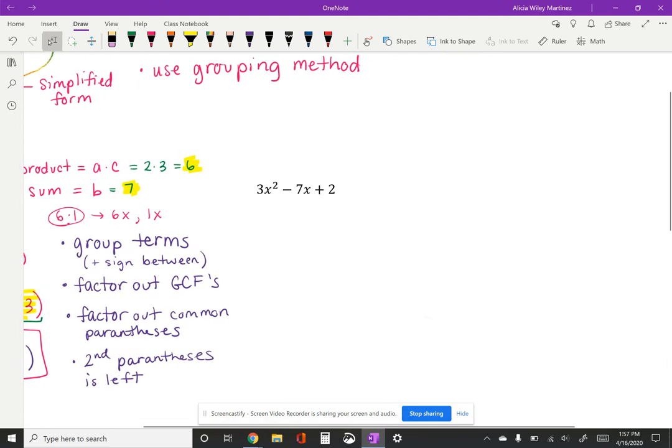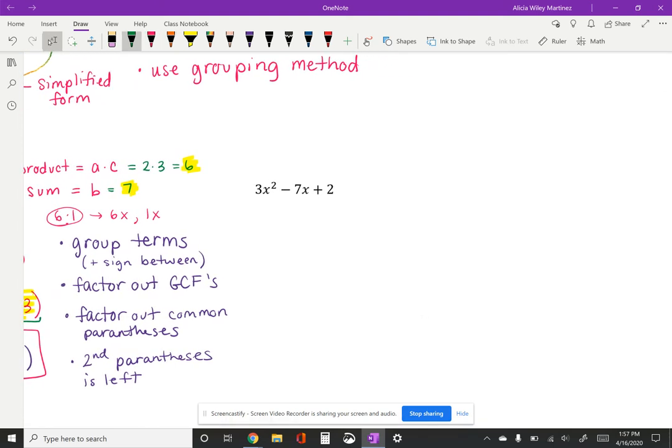Okay, let's do another example here. On this problem here, we are looking for 2 numbers that have a product of 3 times 2 and a sum of -7. So 3 times 2 is 6.